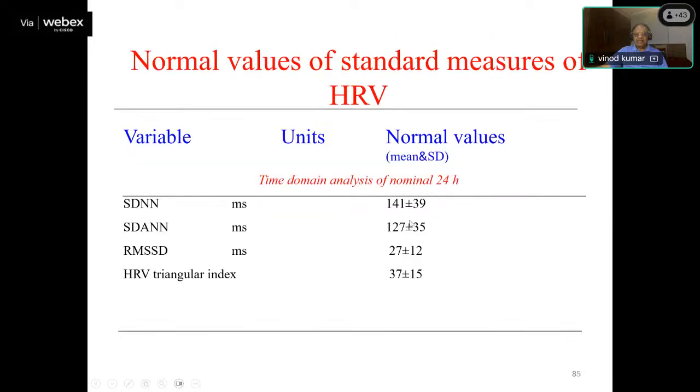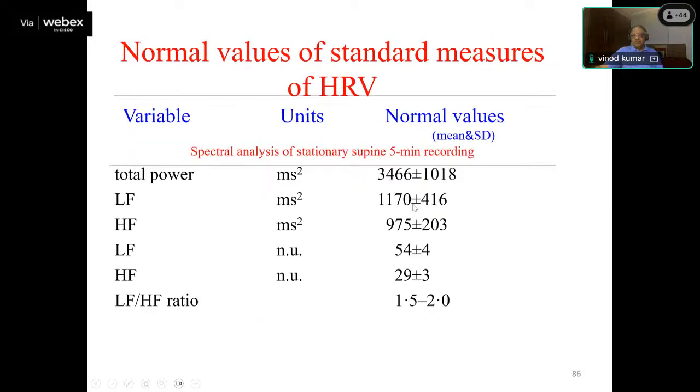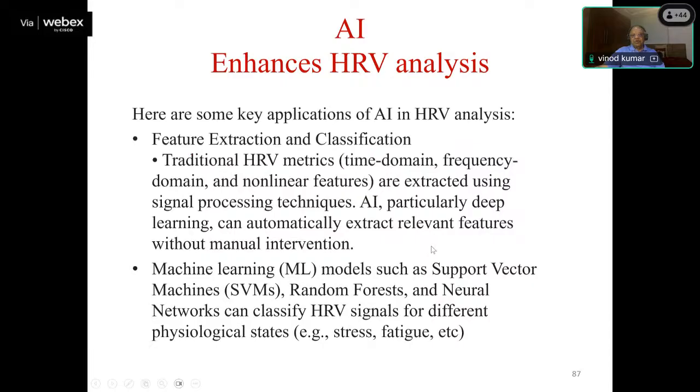In both these cases, these are some normal values which we can compare. The same analysis we can do with the help of AI also, which some of my students have started doing, and they have got good results.